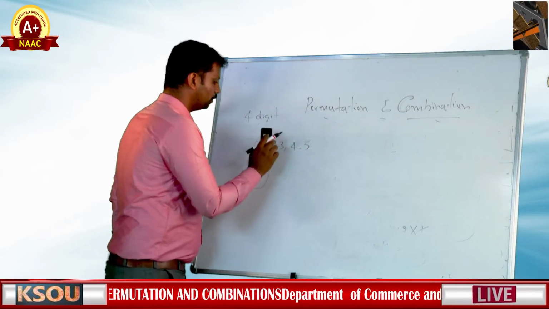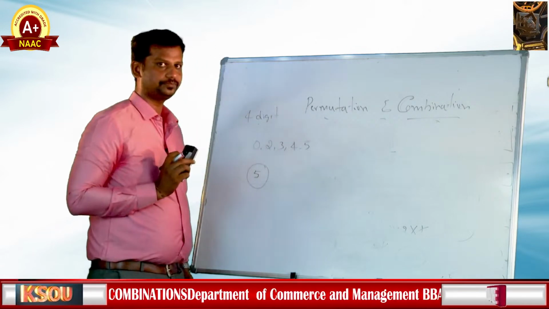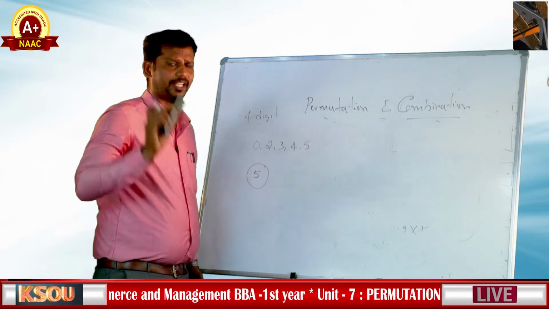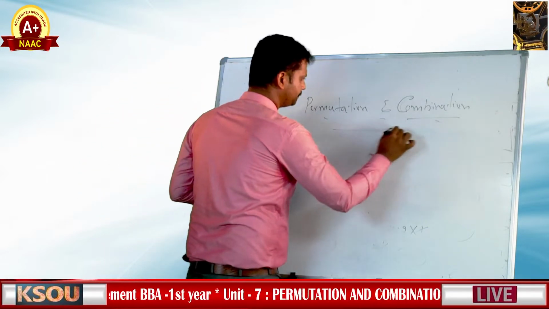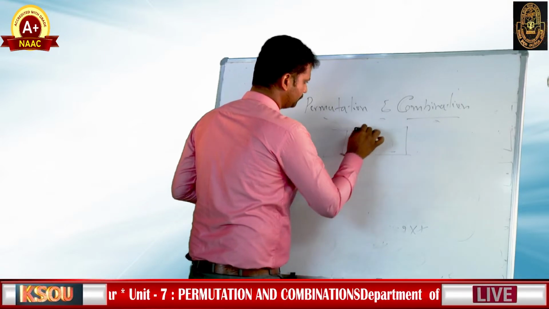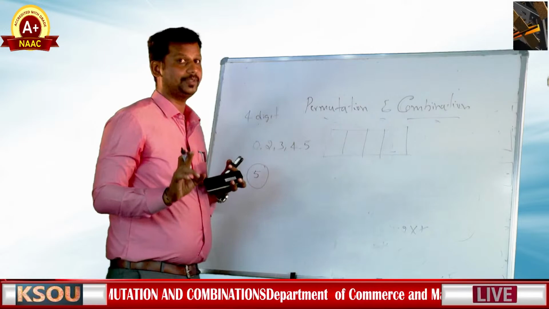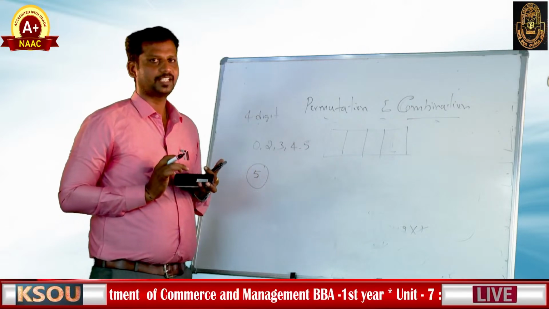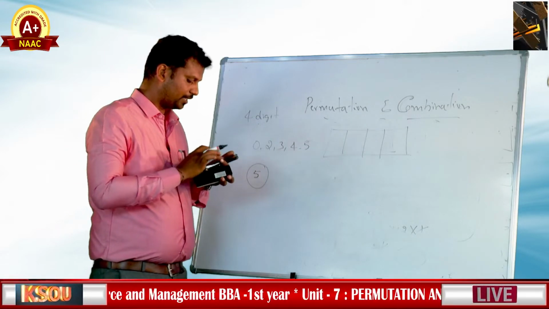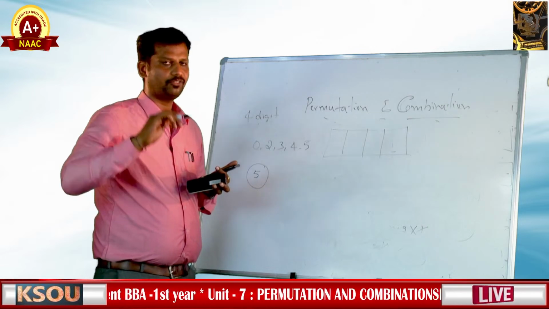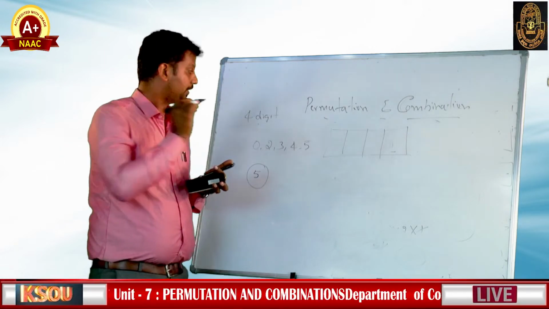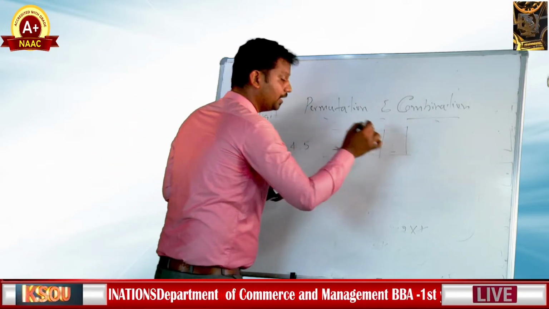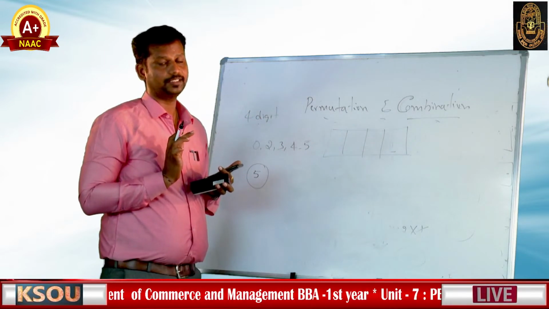For the number to be divisible by 5, the last digit must be either 5 or 0. The 2 is not divisible, so the last digit must be either 0 or 5.